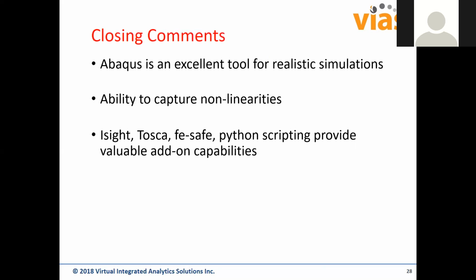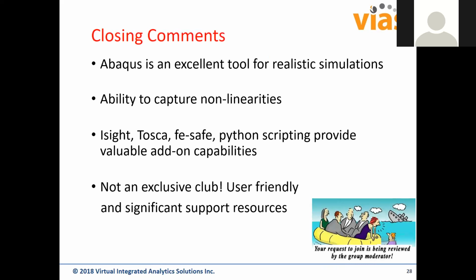And I personally use iSight and Python very extensively, and they are enablers, certainly. And being an analyst is not an exclusive club. It's very user friendly, and we have significant support resources available.